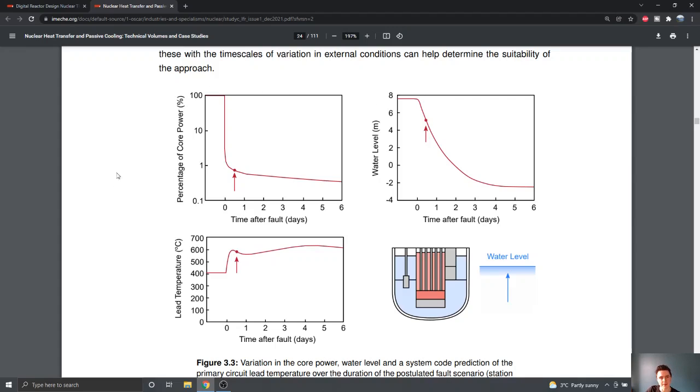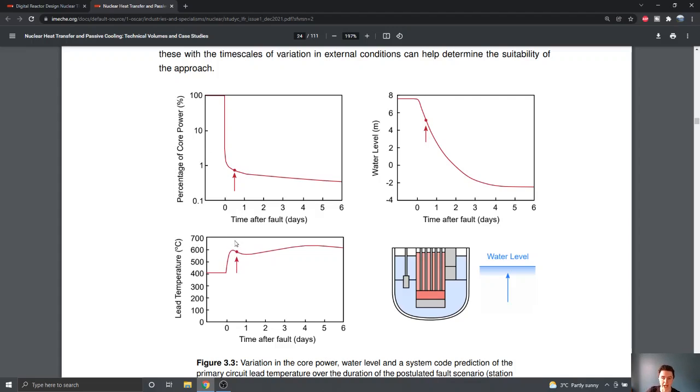So instead, what we decided to do in this analysis is look at the most critical point, or the most dangerous point that we're interested in. We pick a specific point quite early on, after the electricity goes off, when the power is still very high, the core is still very hot, giving off a lot of heat, and the lead temperature has gone up.